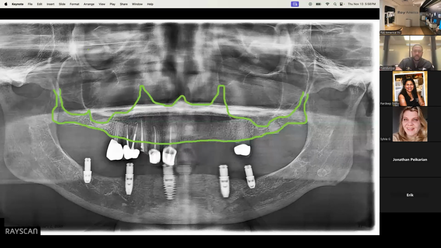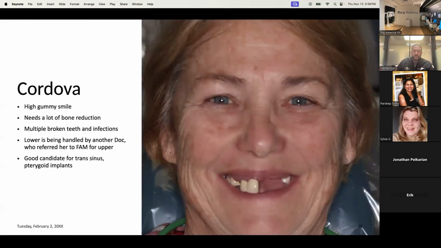So I saw this as a good opportunity to place some pterygoid and transsinus implants. She needed a tremendous amount of bone reduction. You can see here, she has a very gummy smile. She hated that about her smile. So I wanted to reduce a lot of bone to get her smile line and incisal edge position up.